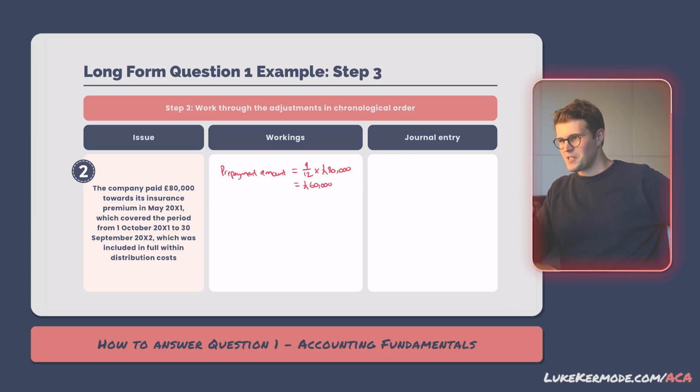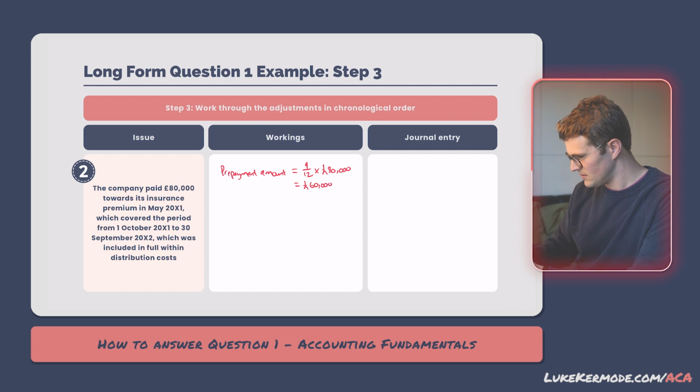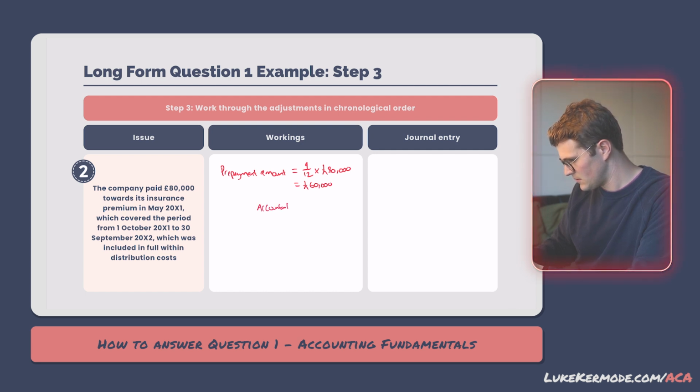And the accountant made a mistake. They incorrectly debited the full amount to distribution costs and they credited the payment to cash. That part was correct.